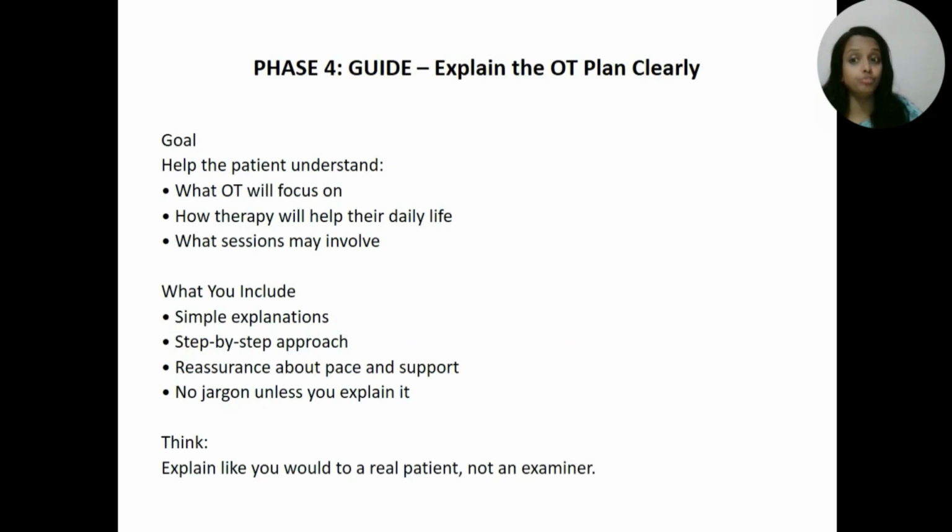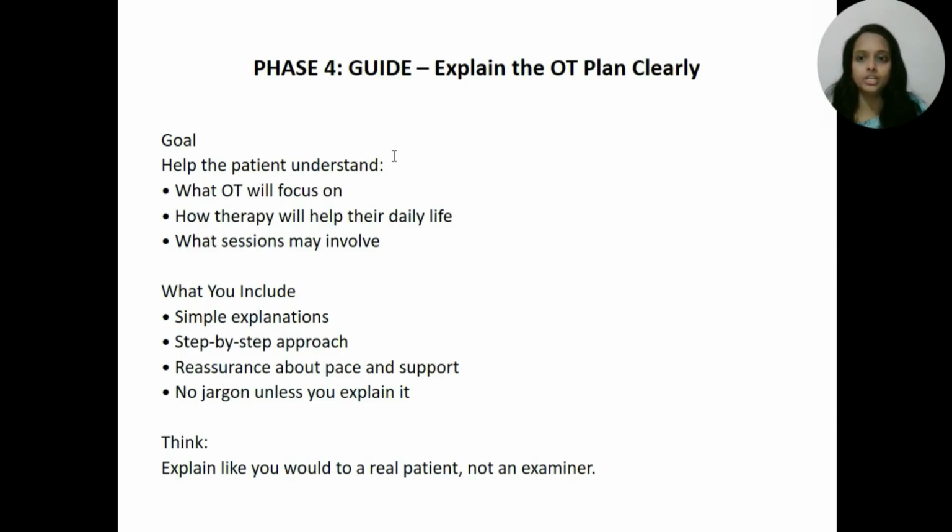And phase four is Guide, which means explain the OT plan clearly. Here, language clarity matters more than fancy vocabulary. The important objective of this phase is to help the patient understand what the OT will focus on, how therapy will help their daily life, and maintain their simple day-to-day habits or routines, and what sessions may involve.